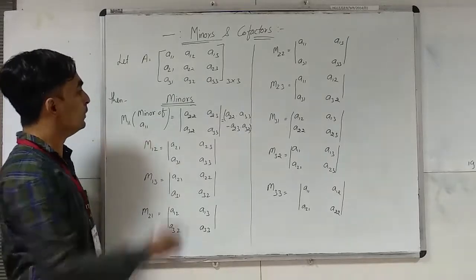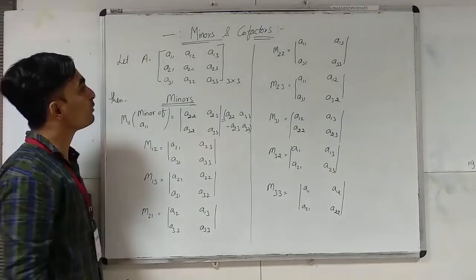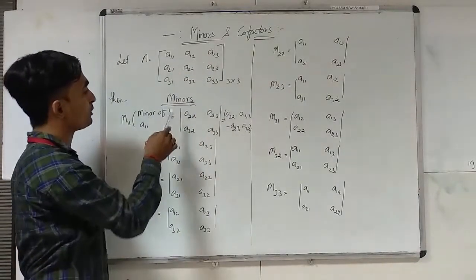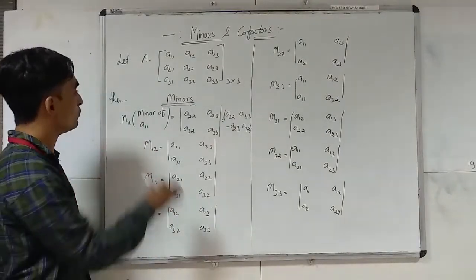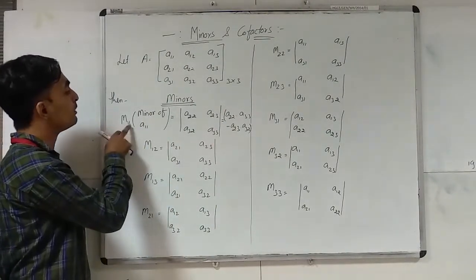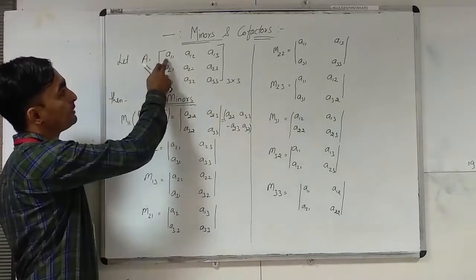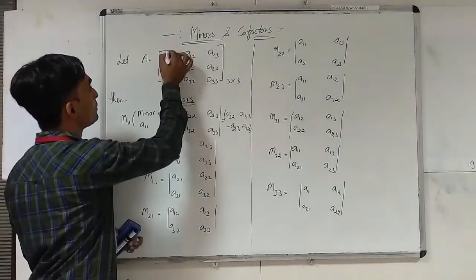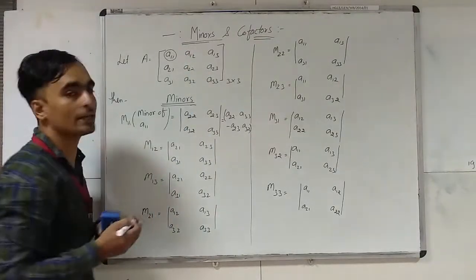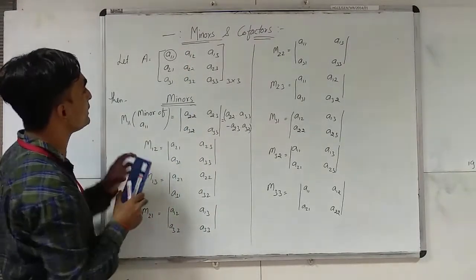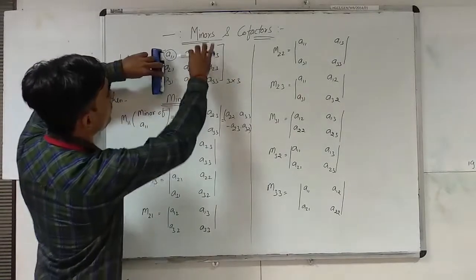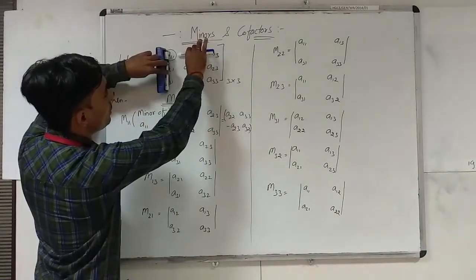Now first of all we find minors and cofactors. So first of all we go for minors. Here we have written M11. What does it show? Minor of entry A11. How is it calculated? Whatever row and column it comes in, first row and first column you have to neglect.